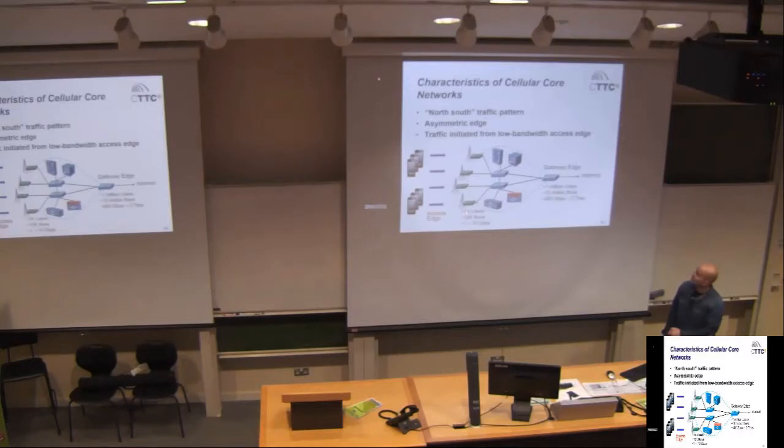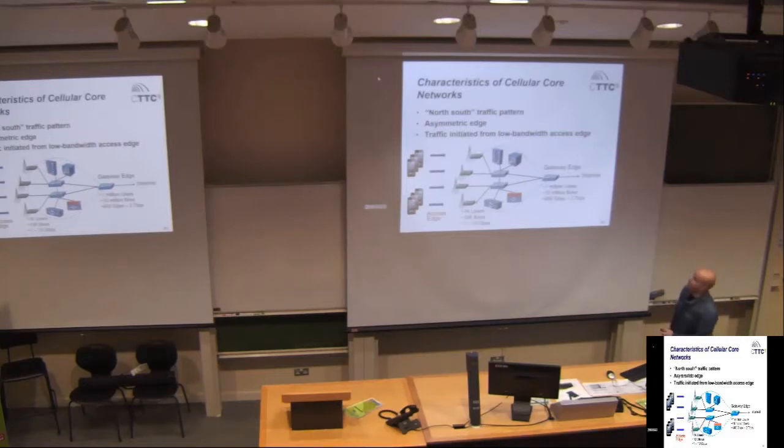So if we have 1,000 users here, we'll have on the order of millions of users here. If these users are initiating 10 connections, this box here, with no modifications, if it were a PDN gateway, will have to deal with 10 million flows. Okay? So this means a lot of processing.